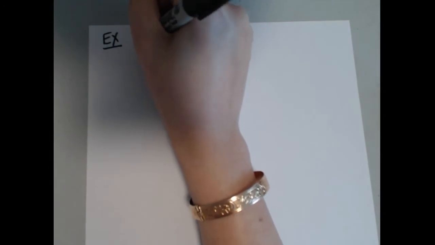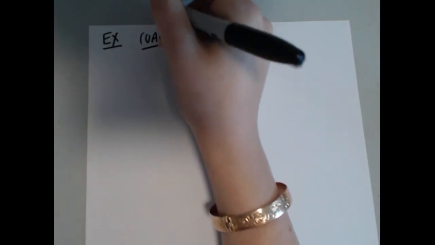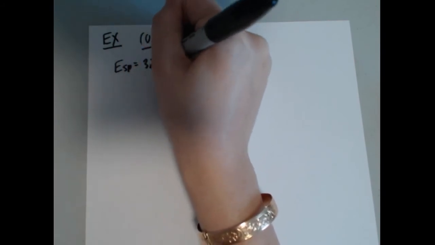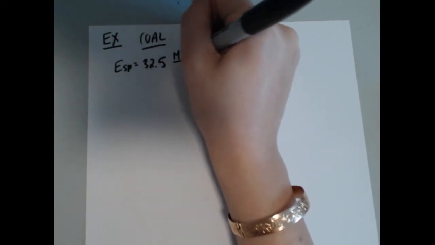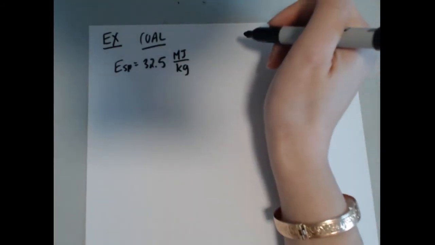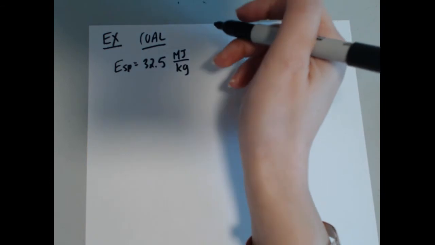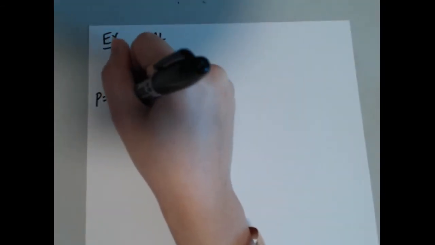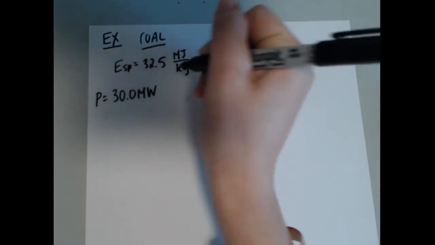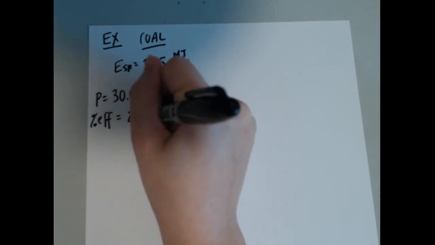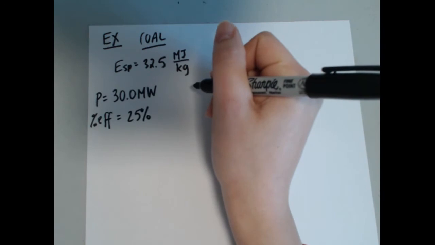Okay, so coal has a specific energy, so E_sp, of 32.5 megajoules per kilogram. Okay, if a city has a coal-fired power plant that needs to produce 30.0 megawatts of power, so P is equal to 30.0 megawatts, with a percent efficiency of 25%, how many kilograms of coal are needed daily?